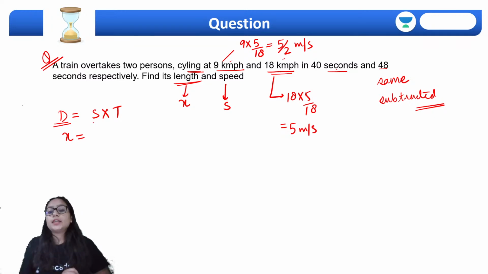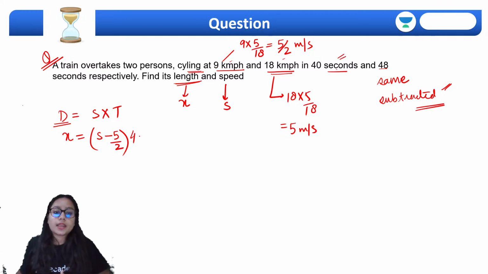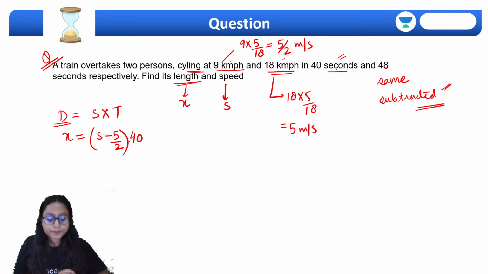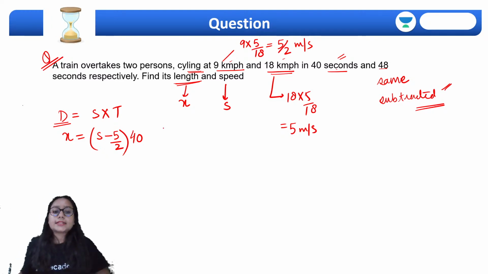Now what is the speed? Speed of this cyclist is 5 by 2 and speed of the train is what I need to find. Now their speeds will be subtracted. Hence the speed will be s minus 5 by 2. And what is the time? Time is given as 40 seconds. So therefore this is my first equation. Let's see the next one.